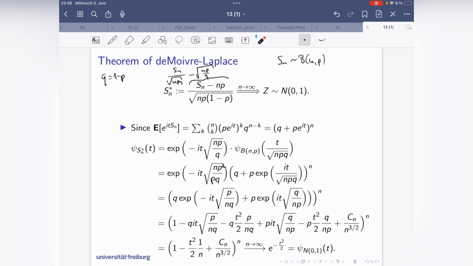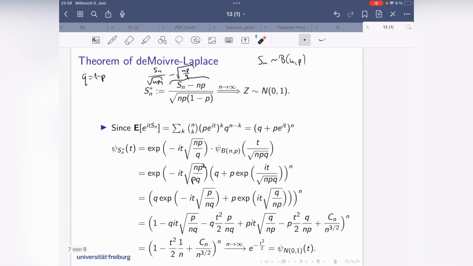The terms with an n in the denominator, they do not go away, but we have one with a q and one with a p, so they combine to this thing here. And the rest is too small to play an effect. And the limit of this here is e to the minus t squared half, which is the thing that we wanted. Okay, and we did it.